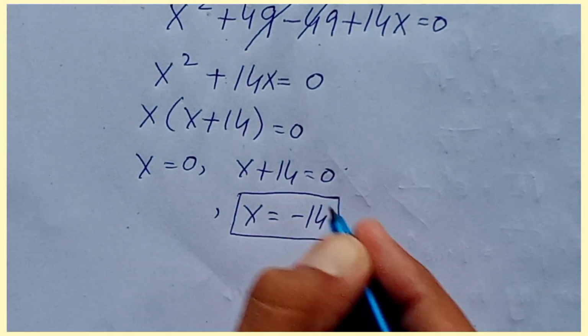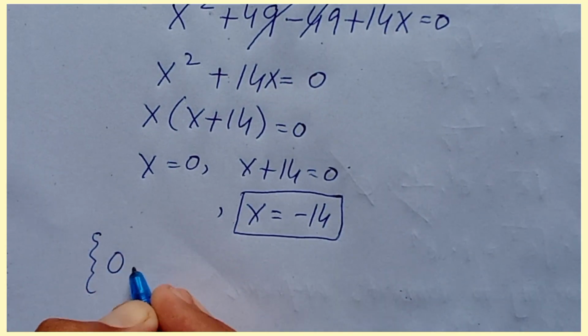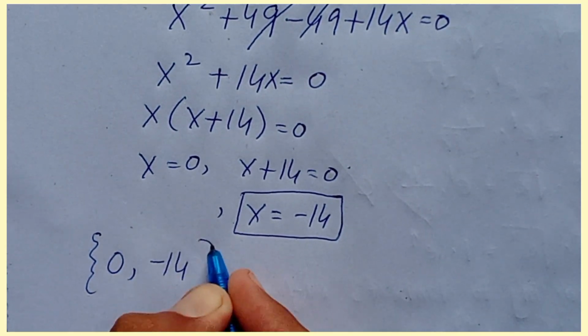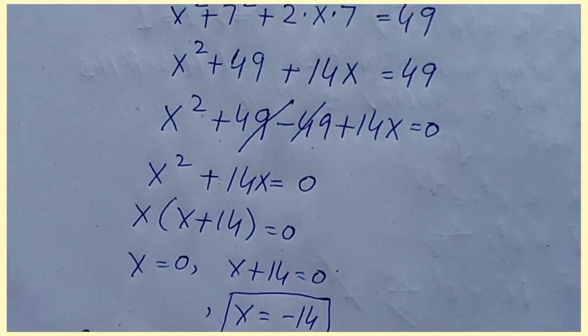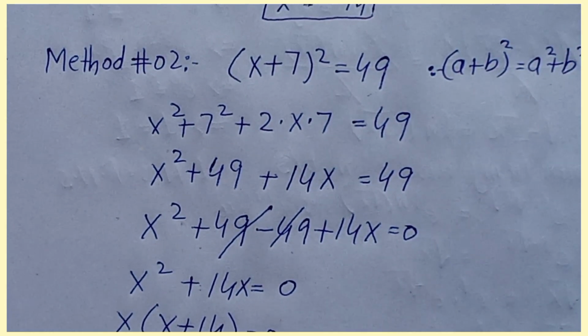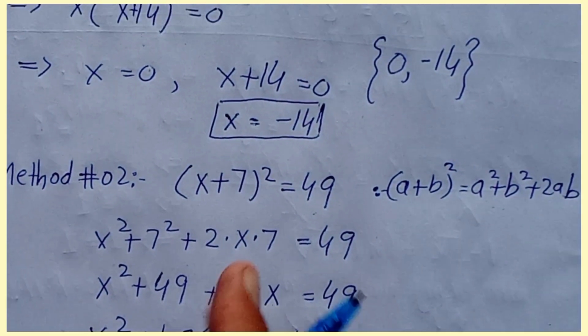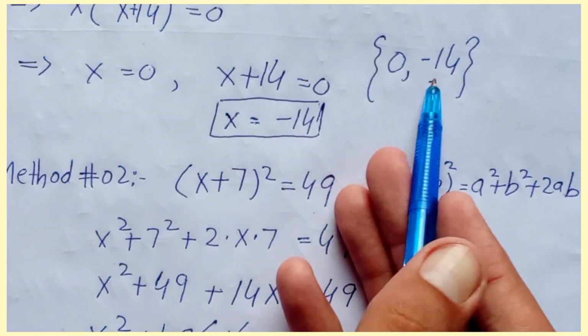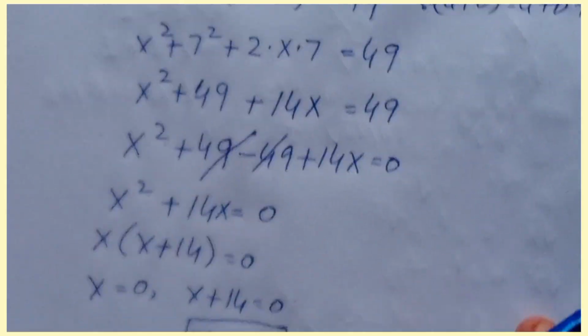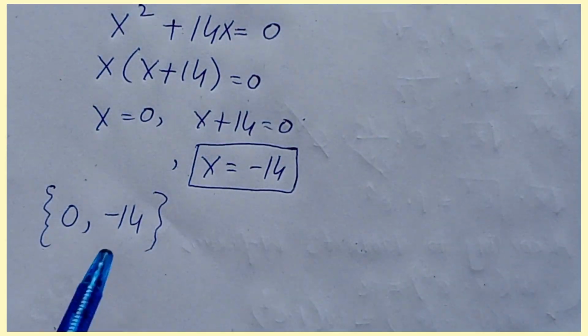So in this method our solution set is 0, minus 14. This is the second method in which we can solve this Olympiad question. The solution set in the first method is 0, minus 14, and in the second method also 0, minus 14.